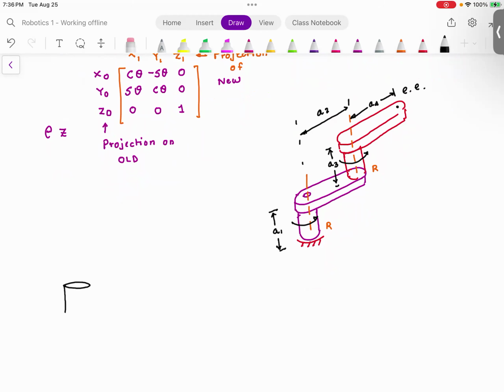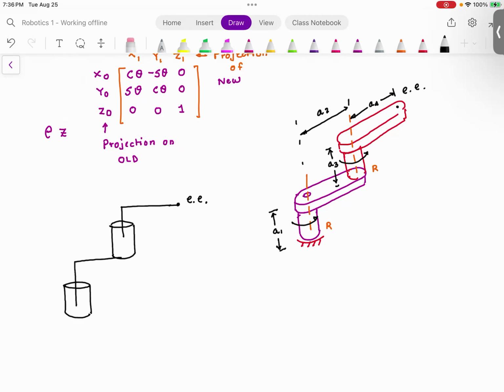This is the first revolute joint. Then you have the second revolute joint. And then you have this link. And this is where you have the end effector.